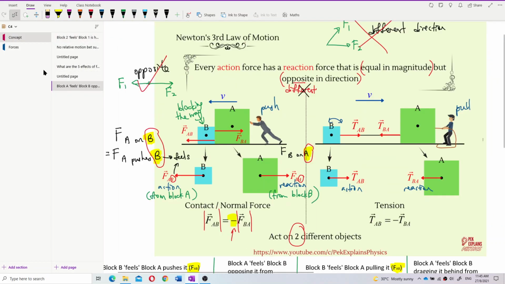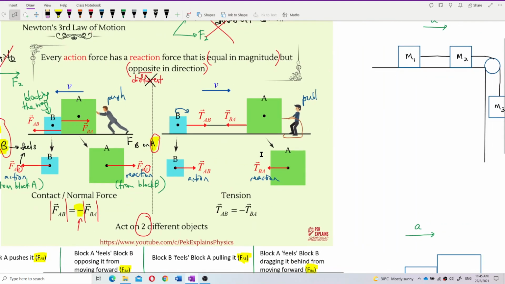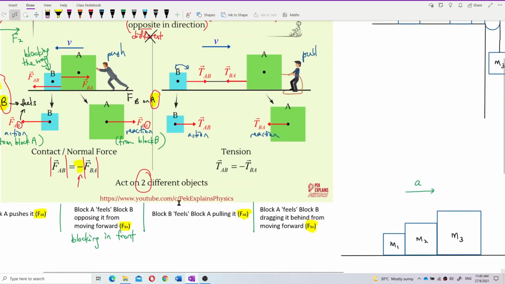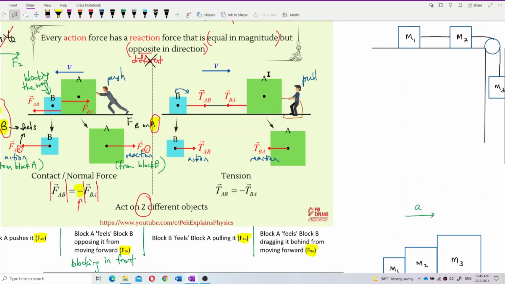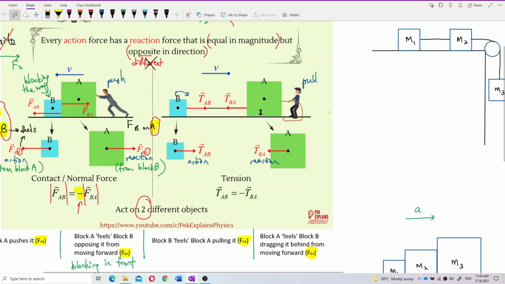Now look back to this one. Clear. Now look at here and also the wording below, you will understand more. So again, different mass. Block A is a bigger mass, block B is a smaller mass. Do we say that block A pulls block B with a much bigger force compared to block B pulls on block A?